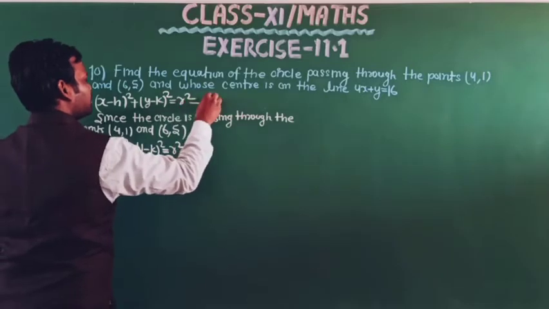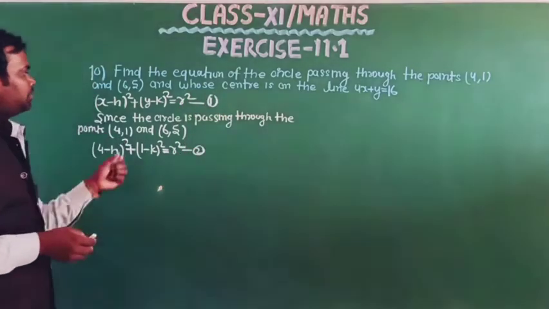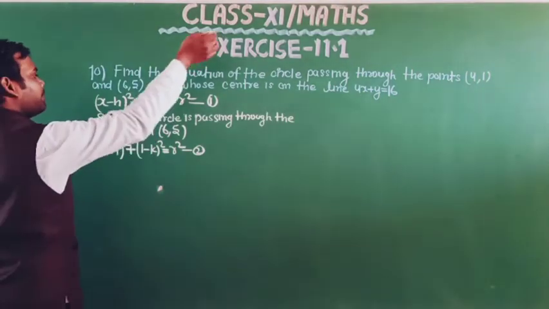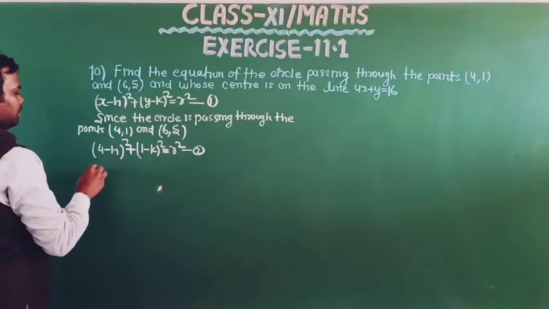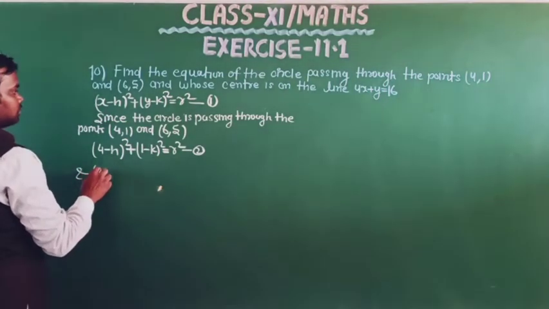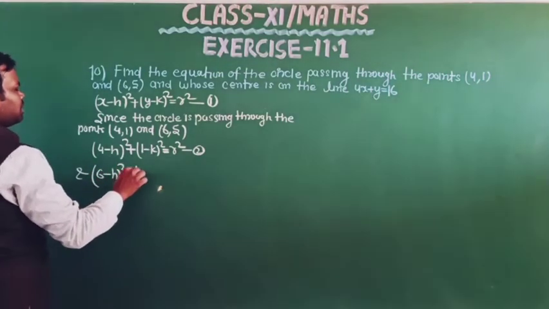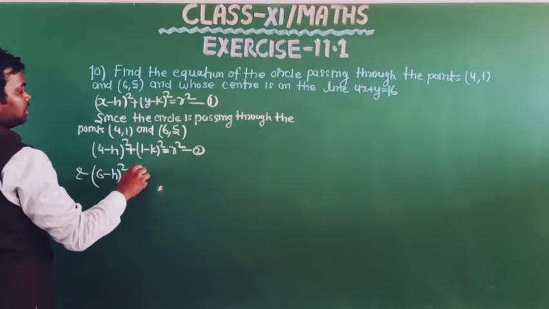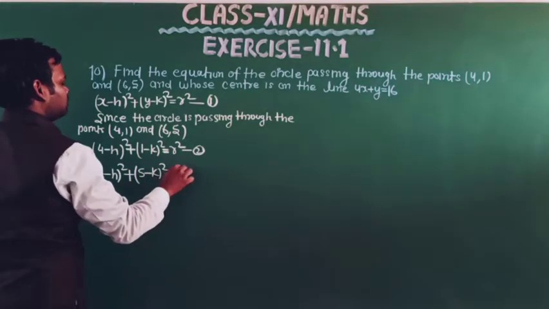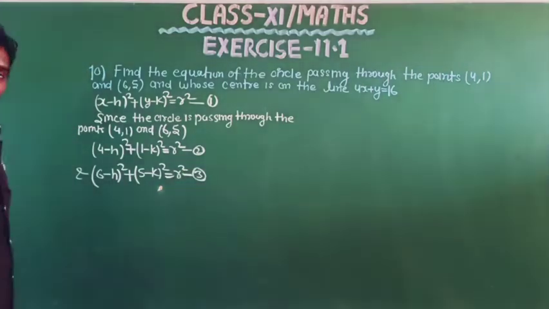Suppose this is equation 1, this is equation 2, and similarly substituting (6, 5) in equation 1, this becomes (6 - h)² + (5 - k)² = r². Say this is equation 3.